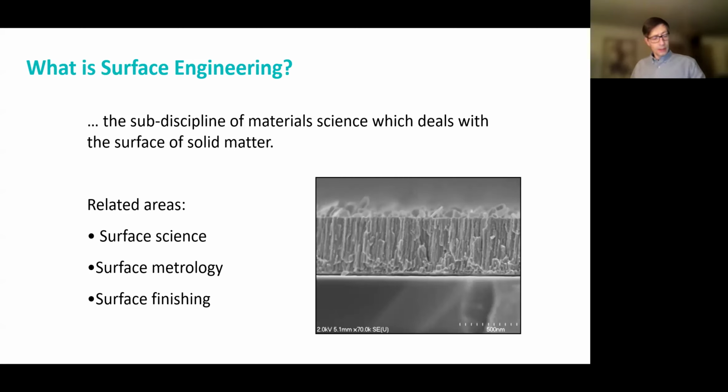Right. So when we discuss tribology, we have to mention surface engineering. This subject is related to surface science, surface metrology, but today we would like to consider surface engineering as surface finish and applying some coatings and materials on top of the component so that we change its appearance, but more importantly, we change its properties, and very often frictional properties.